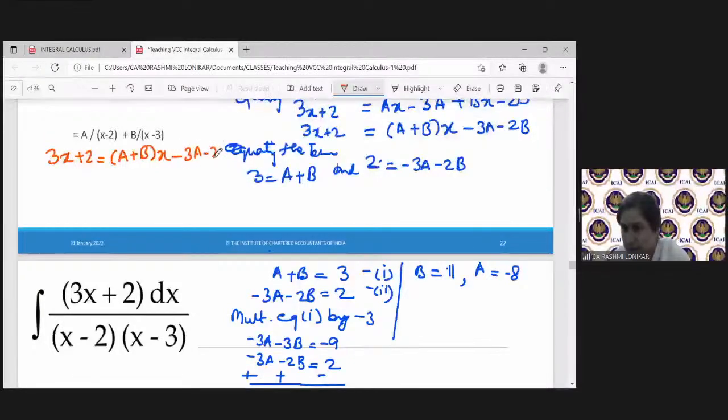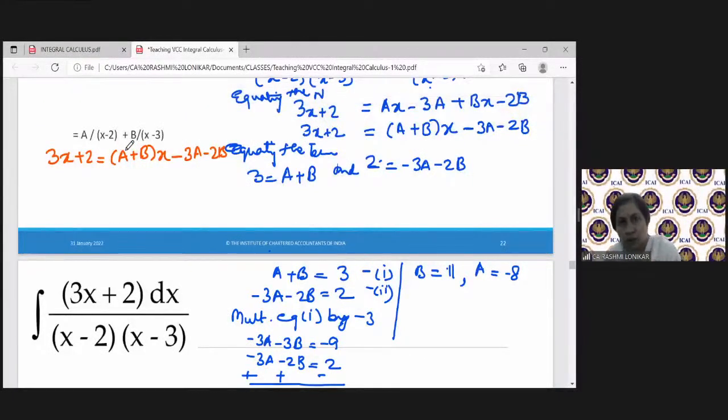3A minus 2B. Now, for two expressions to be equal, please pay attention, all the terms in x on the left hand side should match with all the terms in x on the right hand side. So I'll just write it in words so that you can have it in your notes.